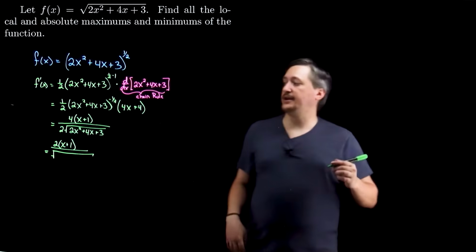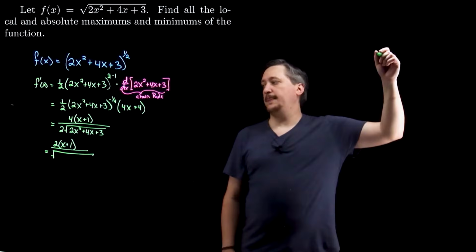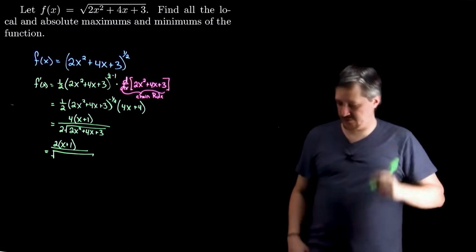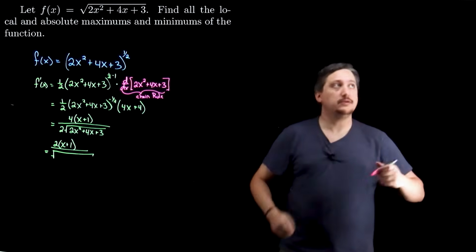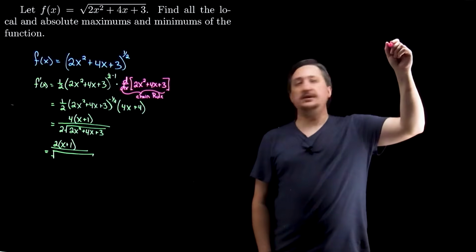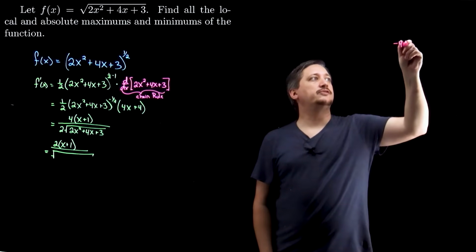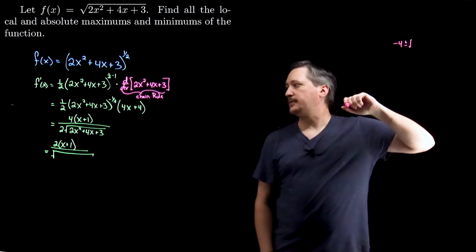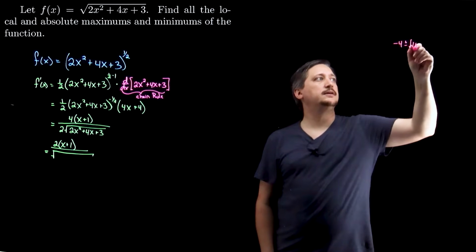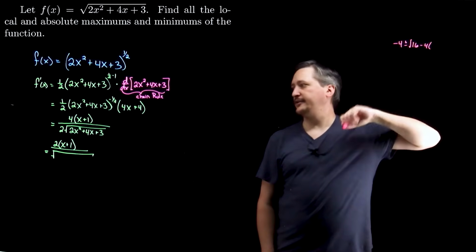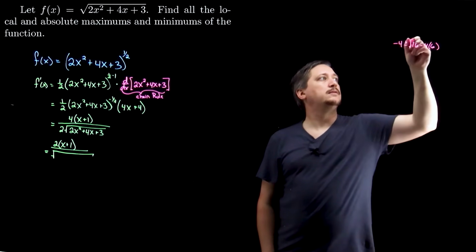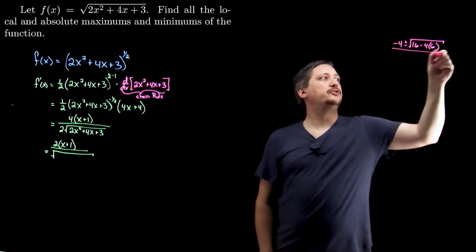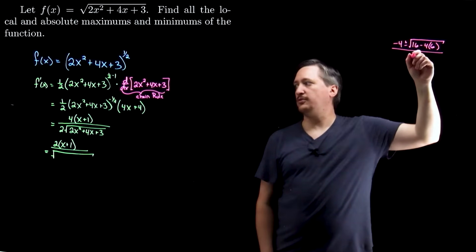So here, I'm going to have minus b, so I'm going to do this over here. I'll do it in a different color. So I'm going to have minus b, so that's negative 4 plus or minus the square root of, let's see, b squared, 16, minus 4 times a times c, which is 6, all over 2a, so that's all over 4.